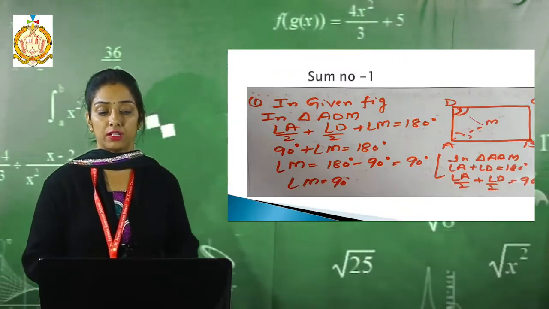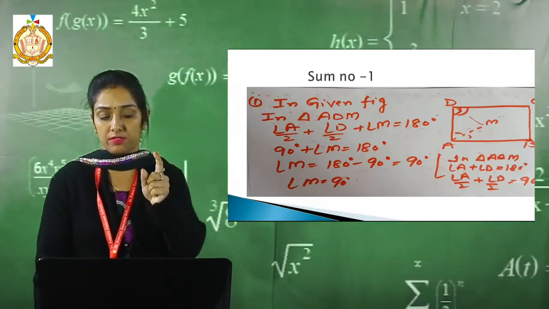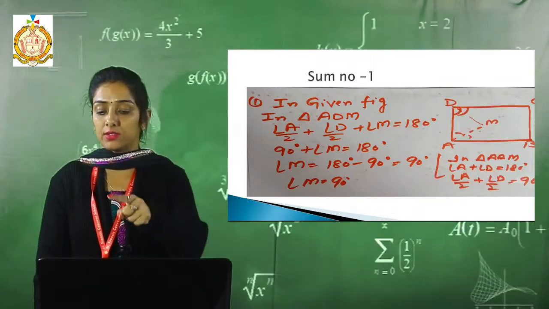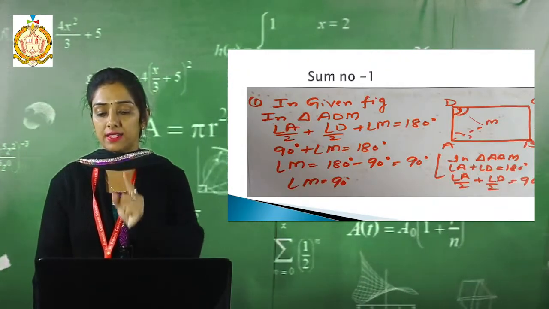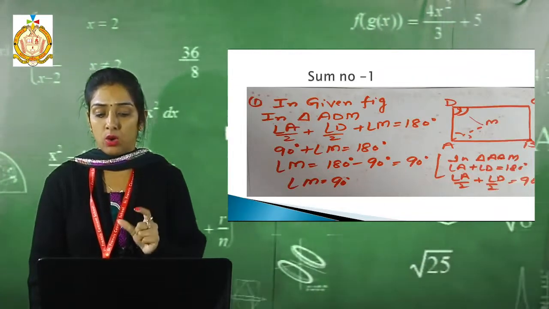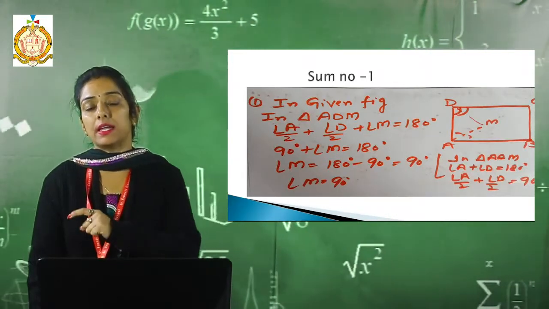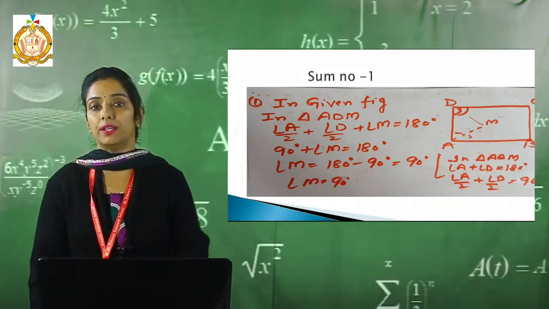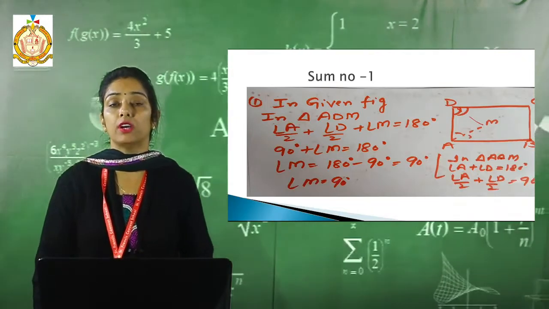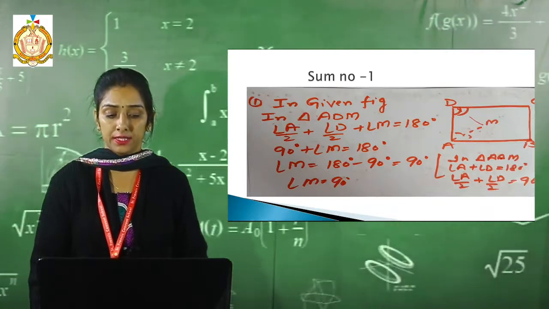See in the given figure, the angle A bisector divides angle A into two parts. First of all you just see that there is a triangle ADM, right? Now half of angle A, half of angle D plus angle M, these are 180 degrees. We know that the sum of angles in a triangle is equal to 180 degrees.